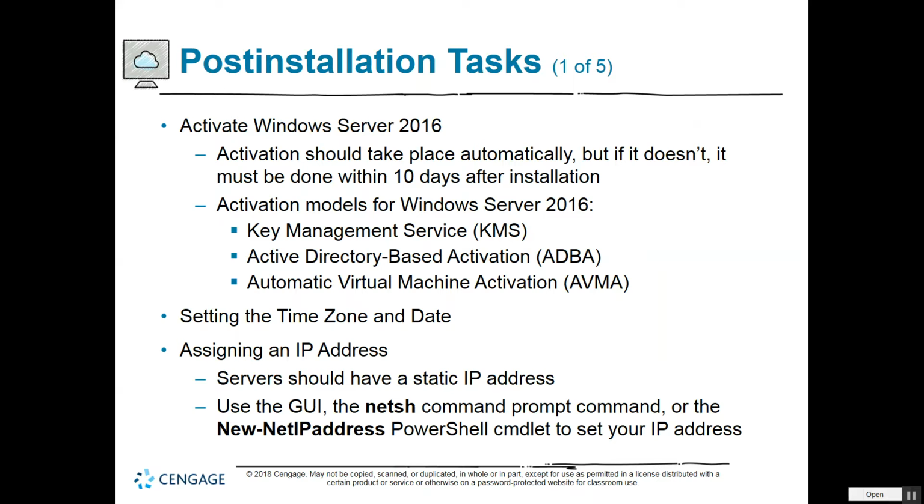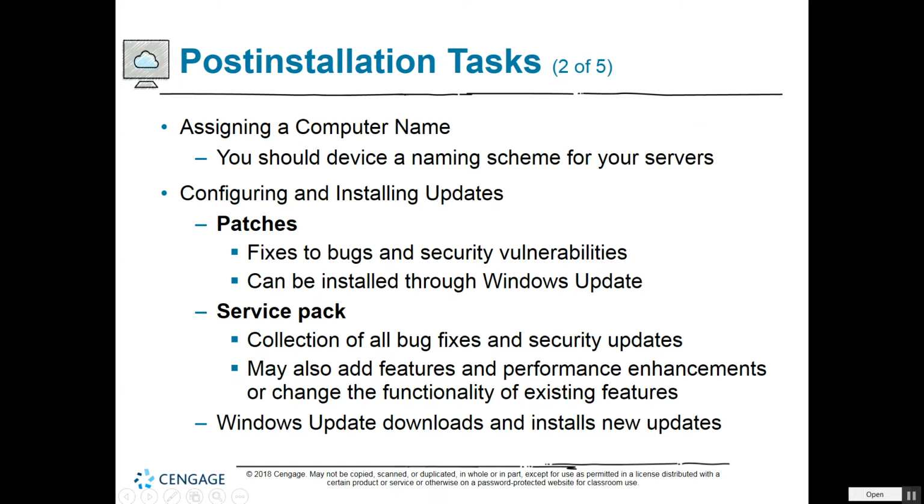Now you can use a GUI, or you can use the netsh command prompt or PowerShell, through that cmdlet, to set the IP address there. The easiest way, if we're using Datacenter, is to go in the GUI and we're there. But if you're doing Server Core, you've got to do it in PowerShell.